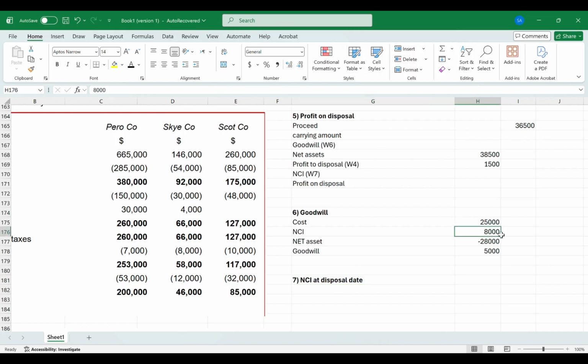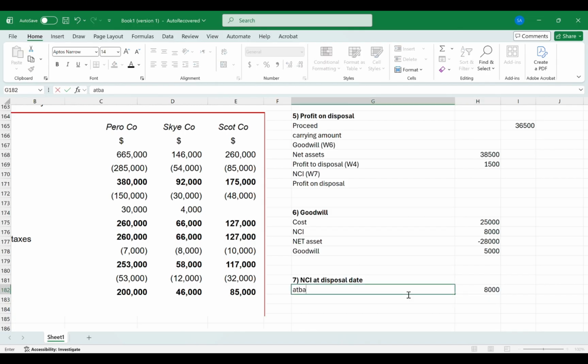So first at acquisition, you have to take this 8,000 and then share of profits. So what is the share of profits? If you look at the share of profits, you have taken debit at 75%. So 25% is the NCI in the bracket.